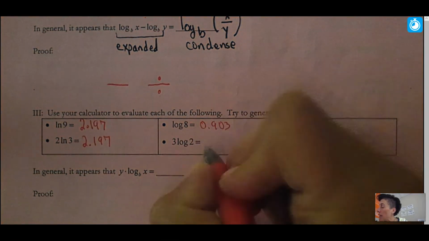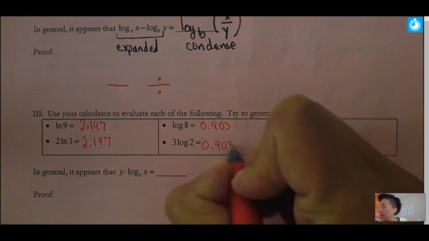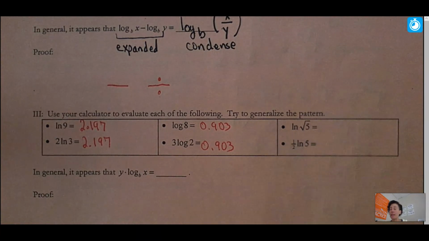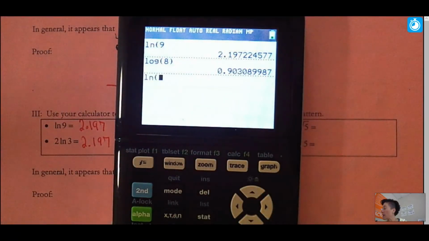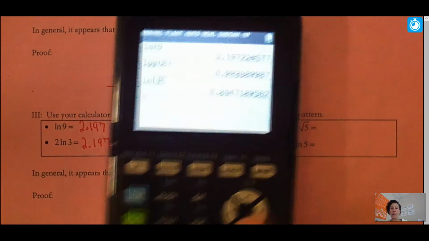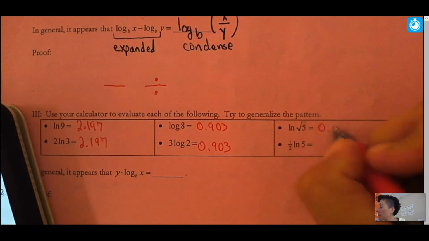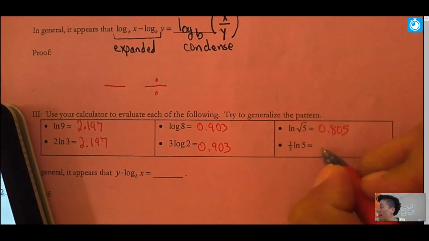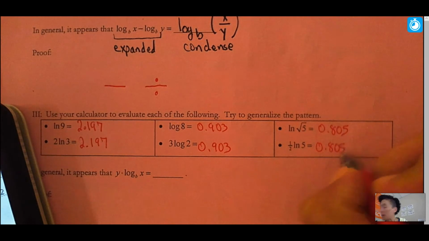And this one would have the same answer as well. And then finally, let's try a square root as our argument. The natural log of the square root of 5. So 0.805 if I round correctly. And chances are that's going to be the same answer.